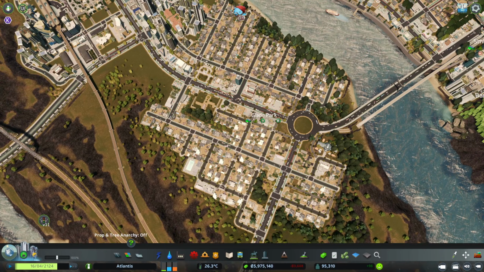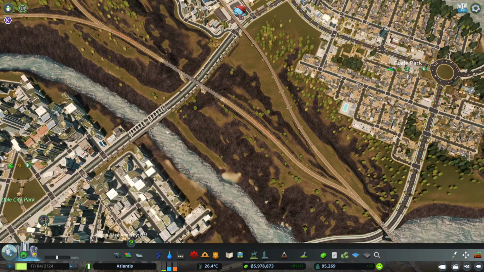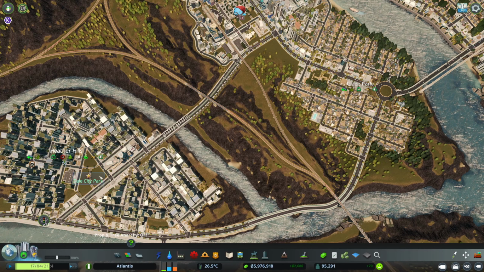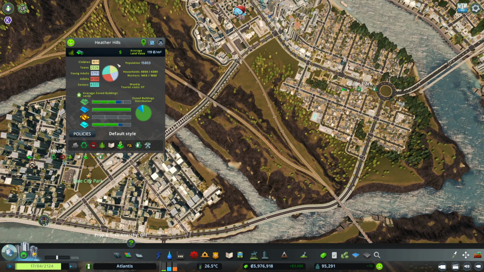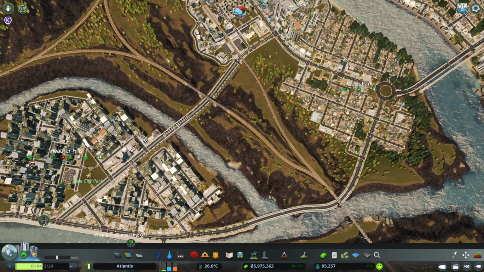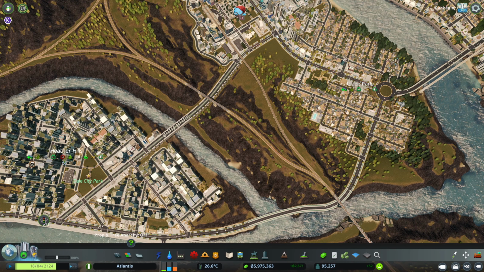So, the main reason why I've done this connection here: we just had this connection initially to this whole area, and that's quite a lot of people over here. We now have almost 16,000 people in this area. That's huge. Now imagine 16,000 people using this road.